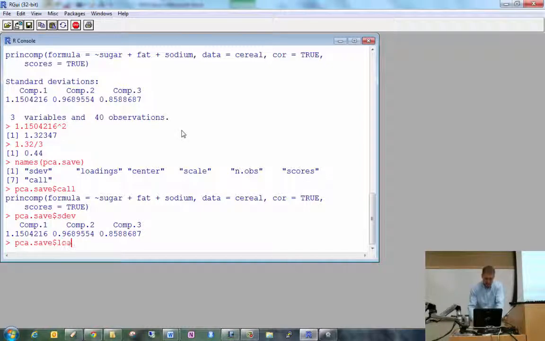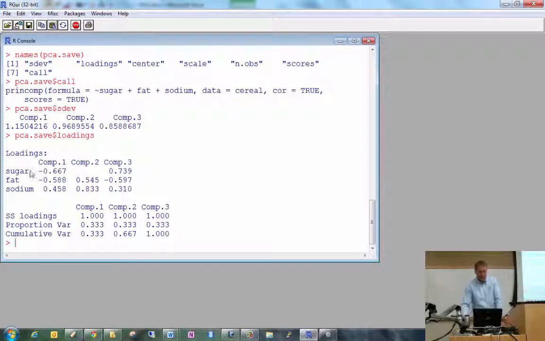Let's look at loadings. These are the corresponding eigenvectors from the correlation matrix. Remember, the values that you see in each column are essentially the coefficients in this linear combination. And so why are they called loadings?